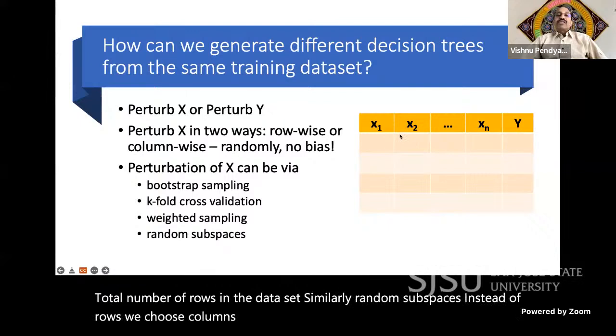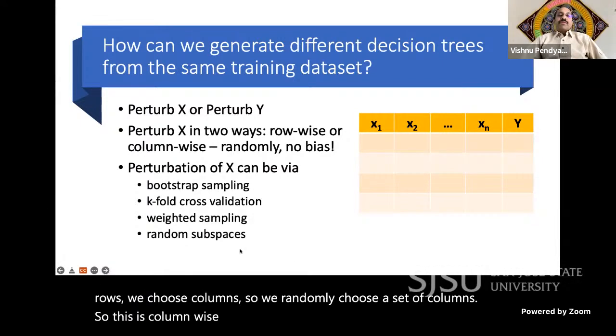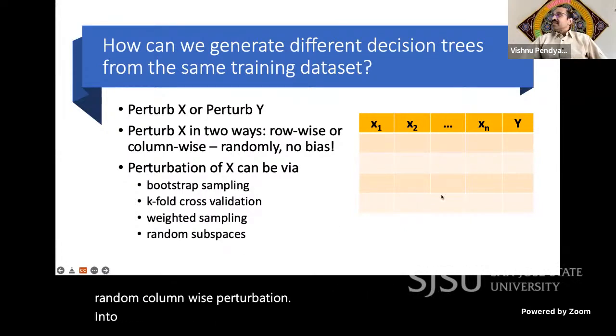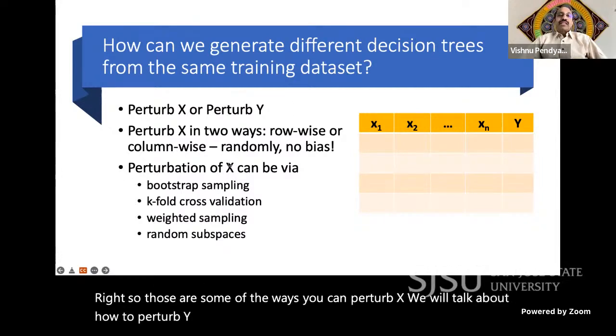So we randomly choose a set of columns. This is column-wise perturbation. Random subspaces introduces a column-wise perturbation into the data set to generate a newer data set, right? So those are some of the ways you can perturb X. We'll talk about how to perturb Y in a different slide, but this is essentially the idea behind perturbing X.